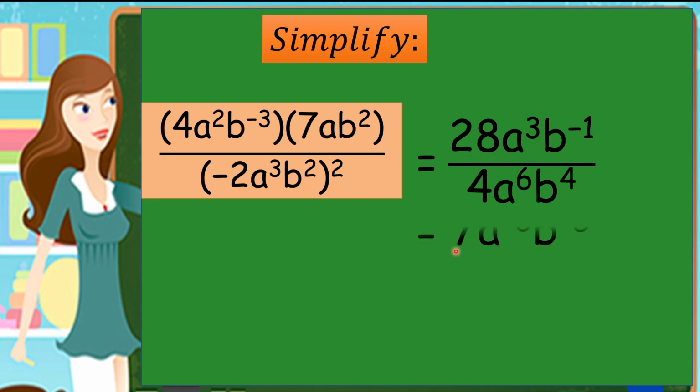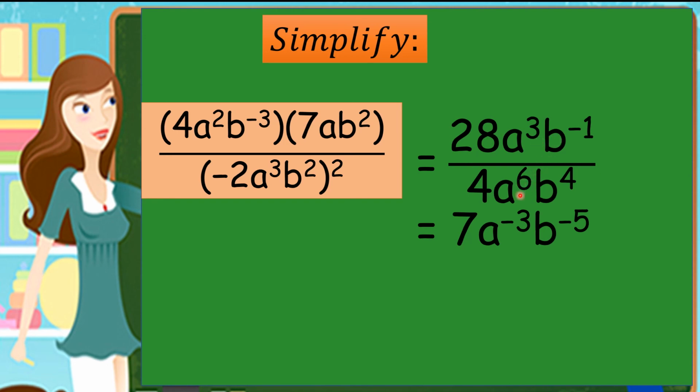So, simulan na natin. At meron tayong sagot na yung 28 divided by 4 is 7. Then, since parehas itong variable natin na a, ay ang gagawin natin ay copy the base, then subtract the exponent of the denominator from the numerator, since ito ay division.